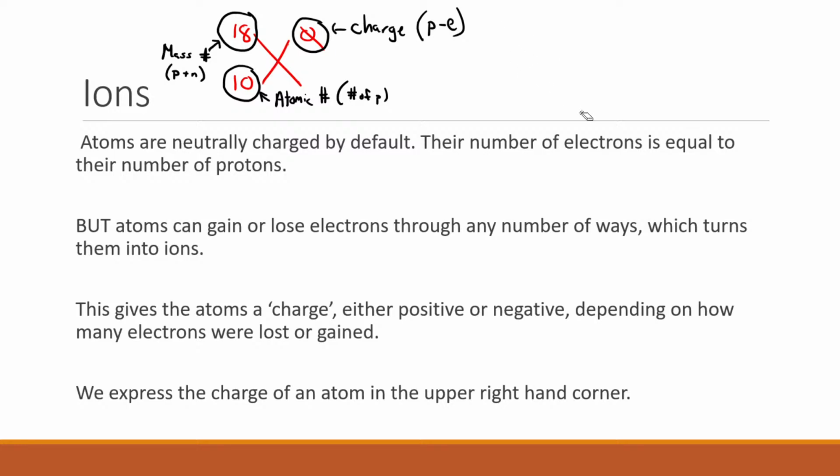But there are a bunch of different ways that atoms can gain or lose electrons, which turns them into ions, right? Anytime you have an atom that has gained electrons, it's an ion. An atom that has lost electrons, that's an ion. So anytime you see an atom with a charge, you are looking at an ion.